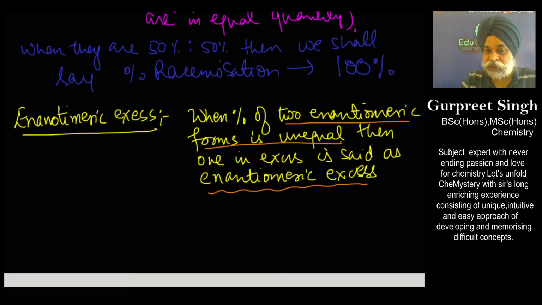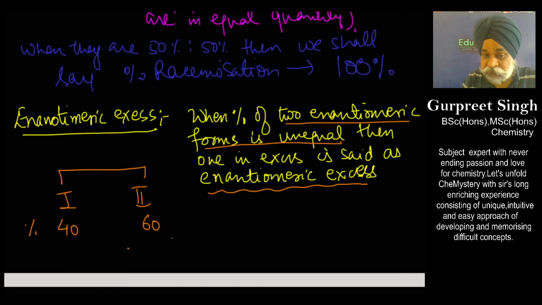So let me complete once again what I just concluded. If I say 1 and 2 are the enantiomeric pair, and the percentage of this is 40 and that of this is 60, then I shall say that 40 molecules of this and 40 molecules of this got racemized, and 20% is the percentage of enantiomeric excess.